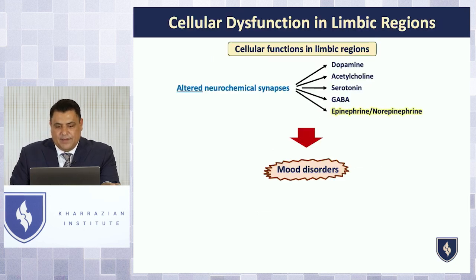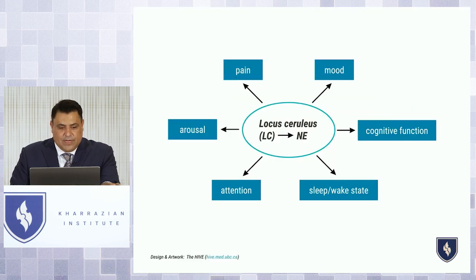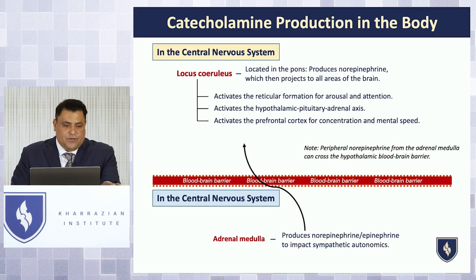And then norepinephrine, epinephrine are really involved with attention, arousal, focus, concentration, cognitive function. And there's areas in the brain, specifically the locus coeruleus, that is involved with producing norepinephrine, and it directly activates those regions of the frontal cortex and different regions for its catecholamine response.